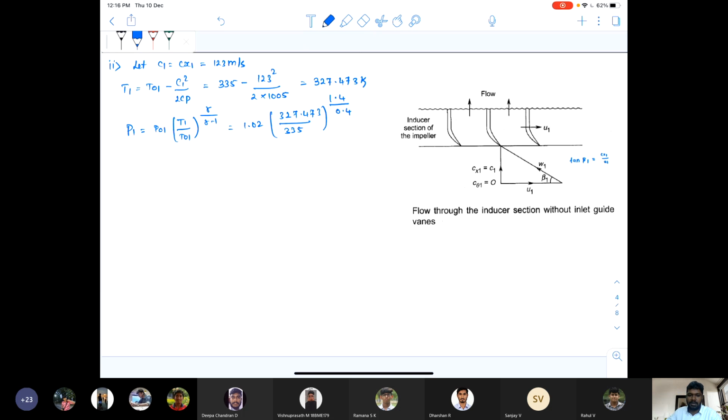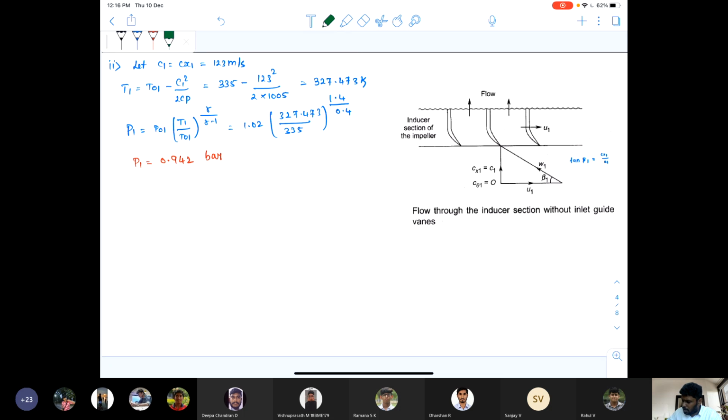You will be getting the value of P1 as 0.942, that is, P1 as 0.9 bar.